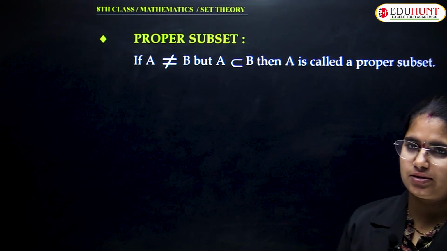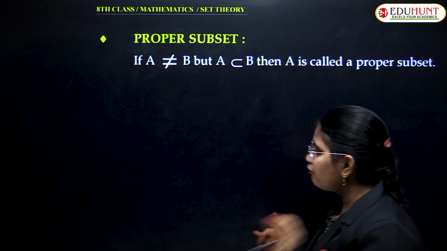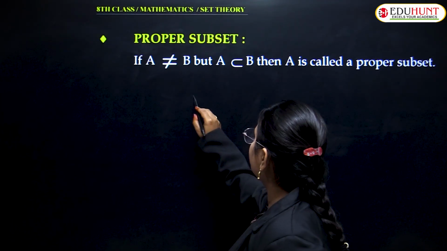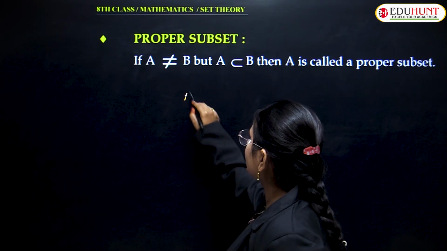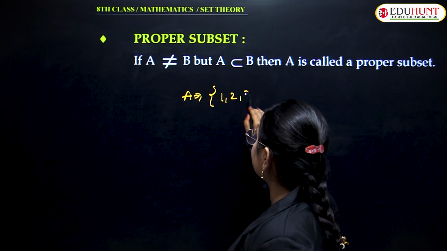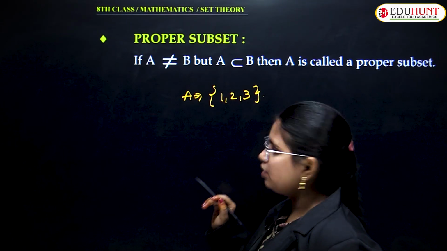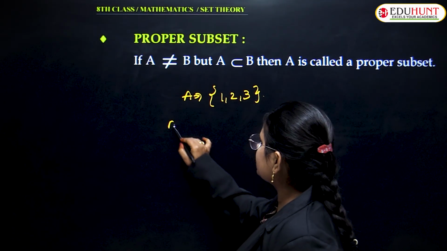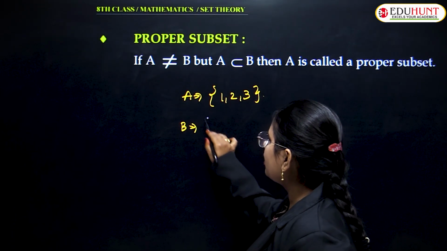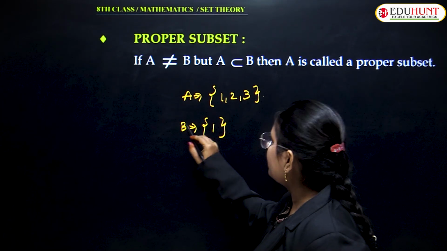Proper subsets. So how do you define a proper subset? For example, let me take A is equal to 1, 2, 3. Let me take this as the main set. Let me take another set B, equal to 1. That is also a set, right?